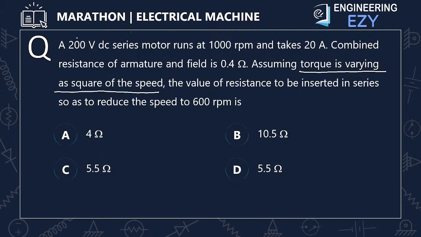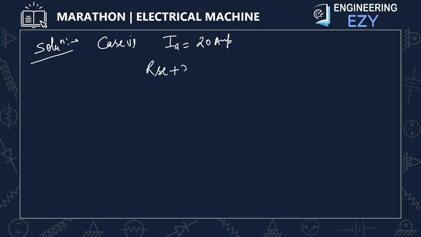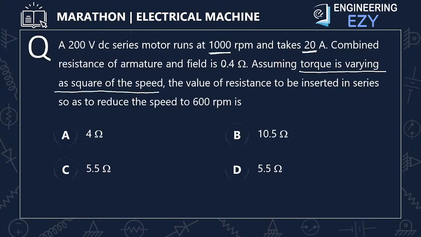So in the first case, the supply voltage is given as 200 volt. The motor is taking 20 ampere, and speed is 1000 rpm. So for case 1, when the armature current is 20 ampere, the data given is Rsc plus Ra, the sum of the series field resistance plus armature resistance, which is 0.4 ohm.